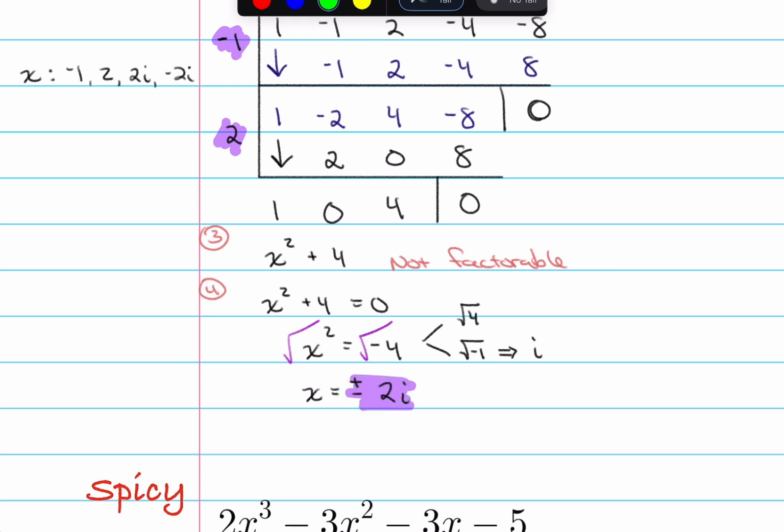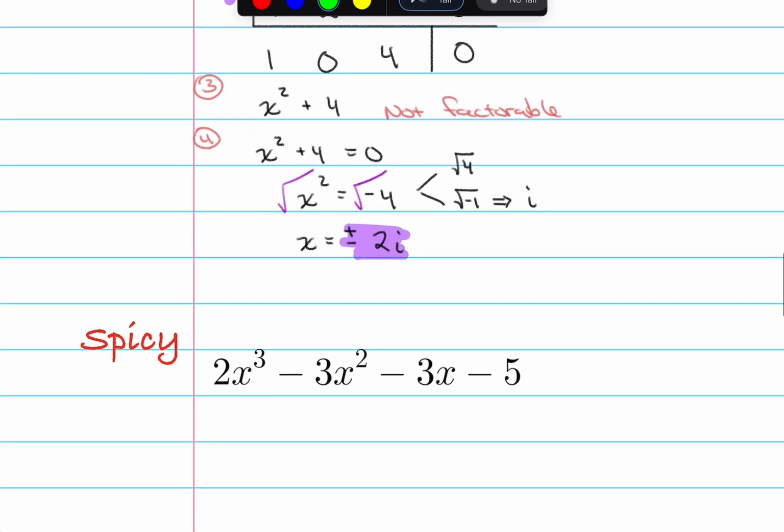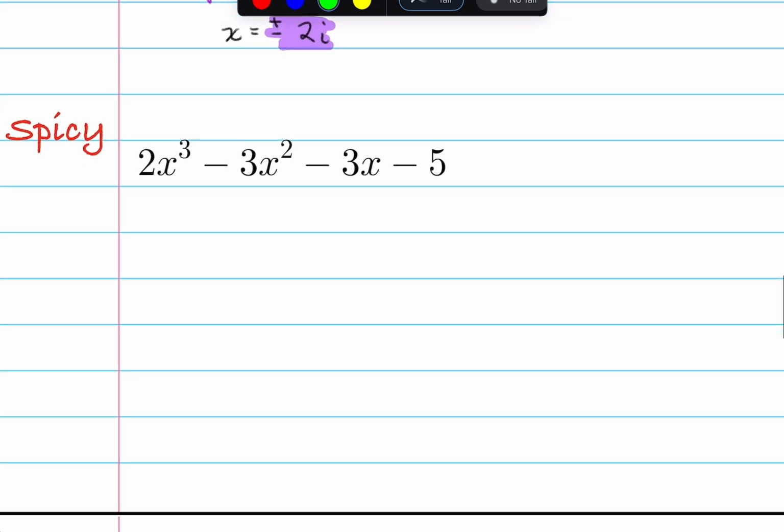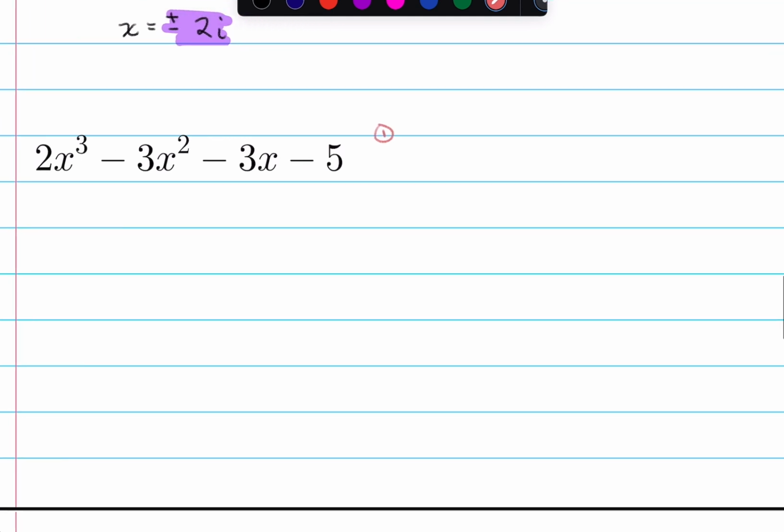All right. Last but not least, we're going to do one more, and this one's going to get a little bit spicier, all right? Particularly because we have a leading coefficient other than 1. It doesn't change your process at all, though, okay? So we're going to go through the same 4 steps. Step 1, we're going to list our potential zeros, okay?